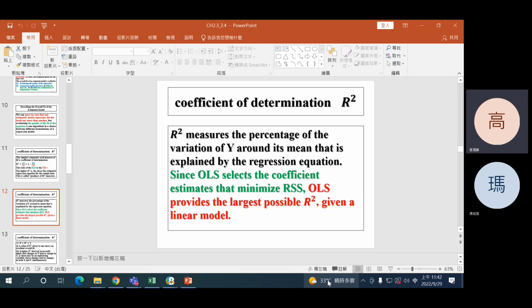So R squared is not the only measure we use to measure the fit of the data. R squared is one of the criteria we can use.